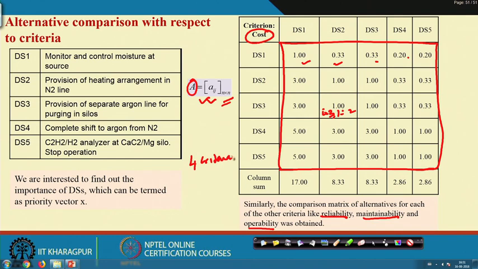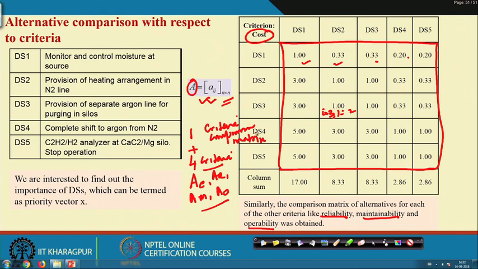So, you will be getting 4 comparison matrices: A cost, A reliability, A maintainability and A operability. In addition, the criteria themselves will be compared amongst each other. So, one more will be there, that is the criteria comparison matrix.